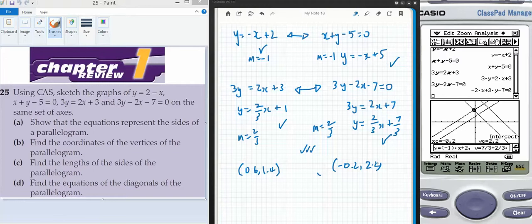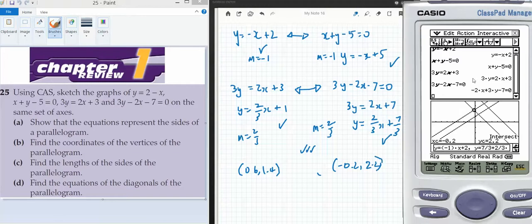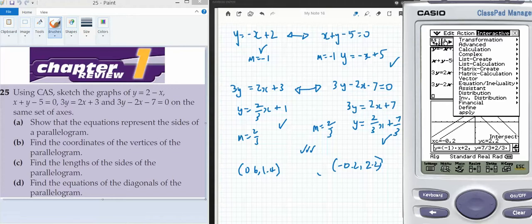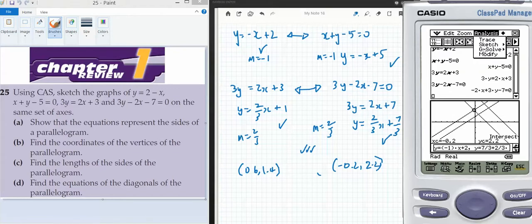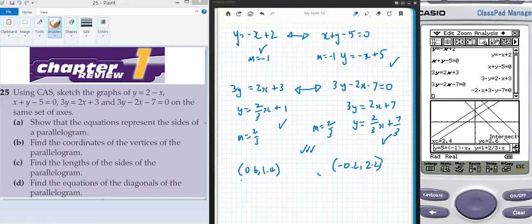Come back over to my calculator, Interactive, Analysis, G-Solve, Intersection. I've done the 2 with that line, so now I move it to that line, enter, that line, enter, there's the intersection point at 2.4 and 2.6.